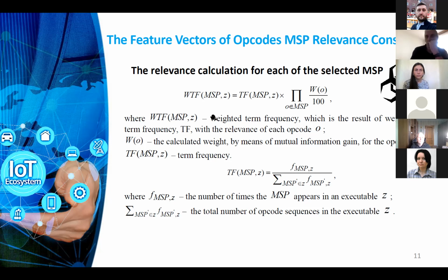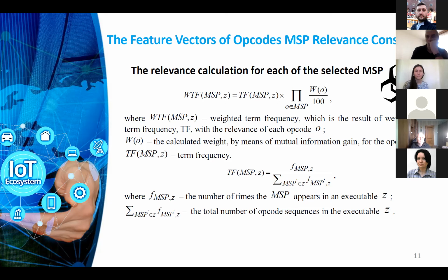Weighted term frequency is the result of weighting the term frequency, TF, with the relevance of each opcode, and is computed as the product of sequence frequency and the calculated weight of every opcode in the maximal sequential patterns.